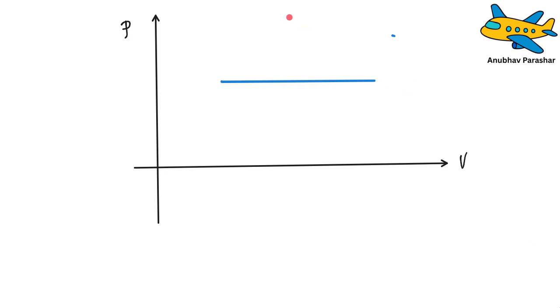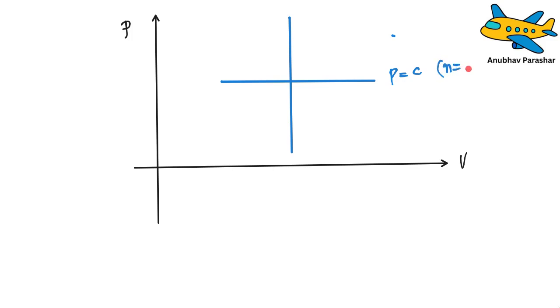If volume is equal to constant, this is going to be a line like this. Pressure is equal to constant will be a horizontal line, since everywhere the pressure is constant. Volume is equal to constant will be a vertical line. So I don't have any problem in this. So if I see this, n is equal to what?